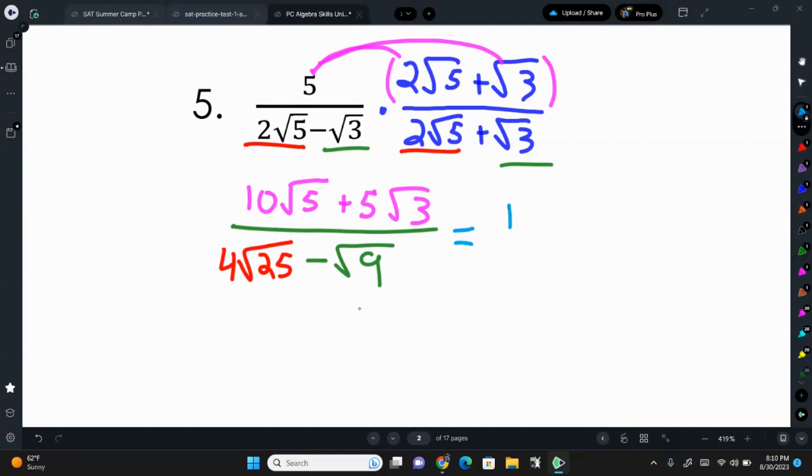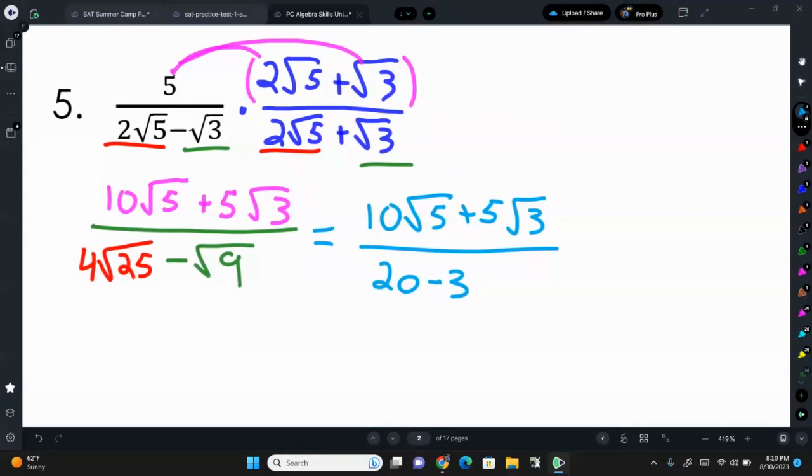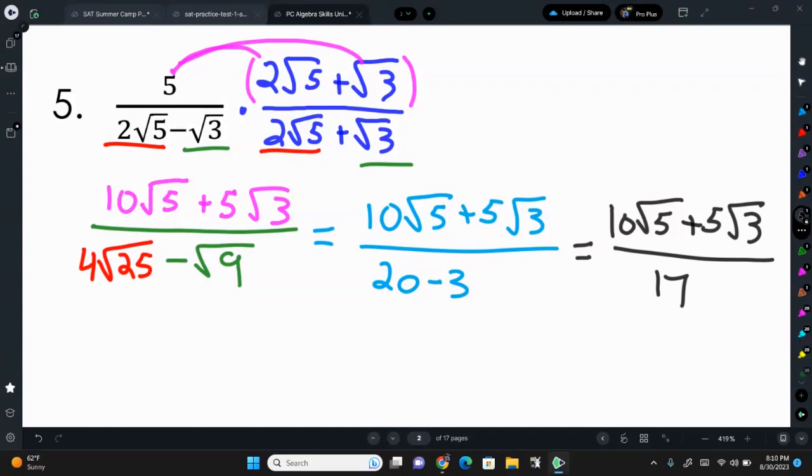So now we have 10 square root of 5 plus 5 square root of 3 over the square root of 25 is 5 times 4 is 20 minus 3. So now that will get us to 10 times the square root of 5 plus 5 times the square root of 3 all over 17.